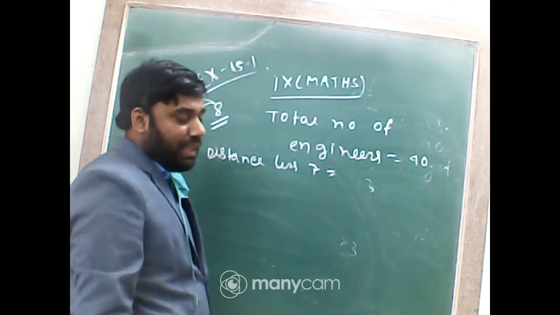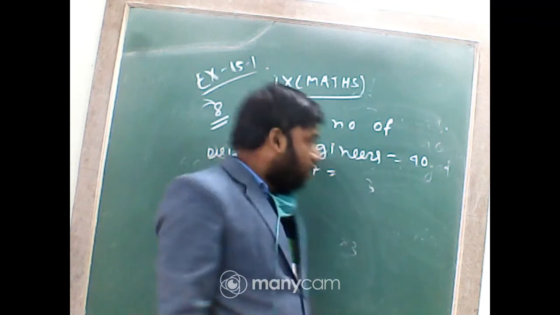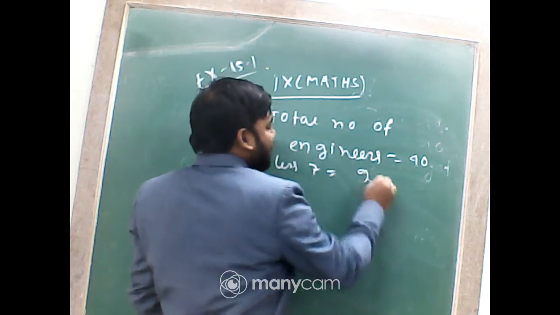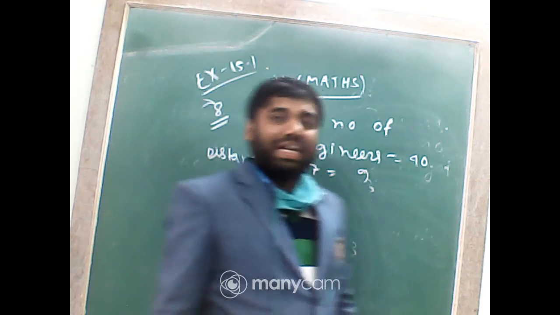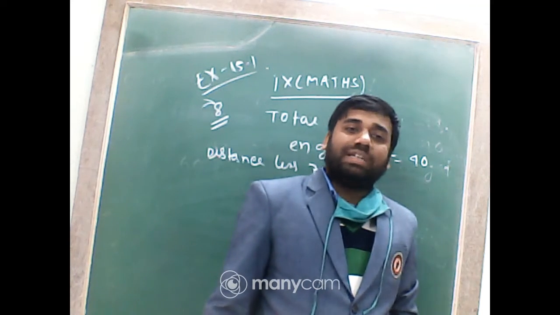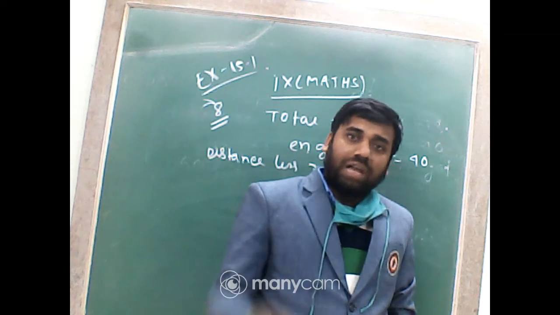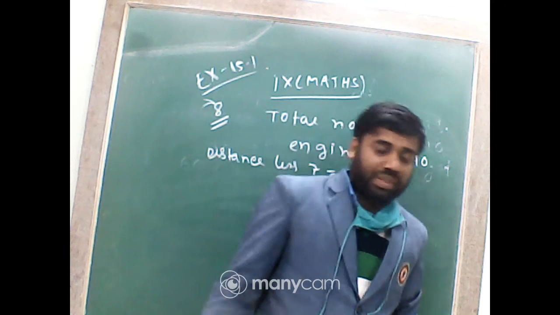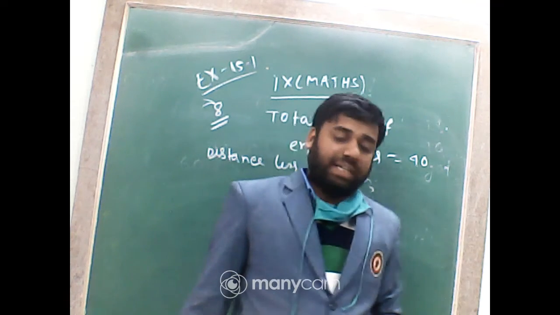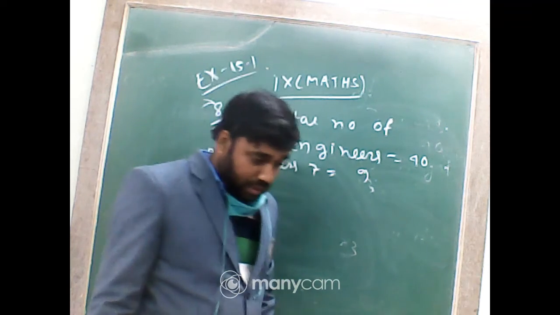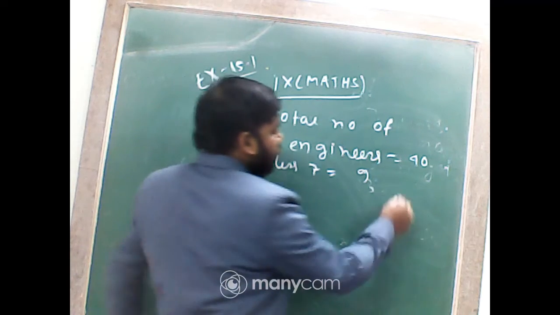How many engineers have that? That is 9. So what is the probability of choosing an engineer whose workplace is less than 7 kilometers from his house? The answer will be 9 by 40. Got it, everyone? That answer will be 9 by 40.